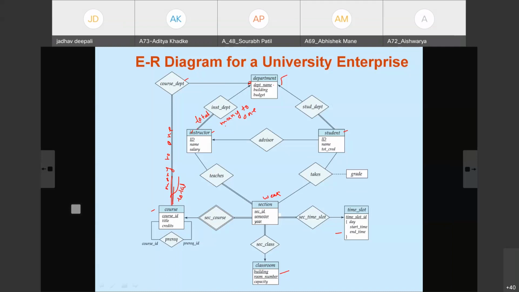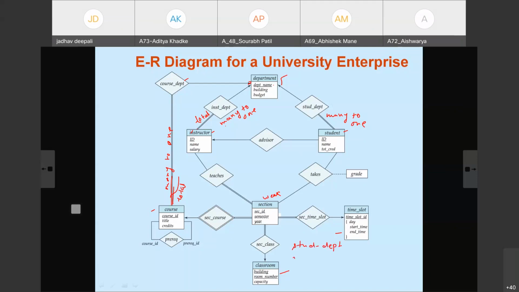Similarly, in the case of student, it is again many to one from student to department, or you can call it the opposite way: one to many from department to student. See, these two statements carry the same meaning.